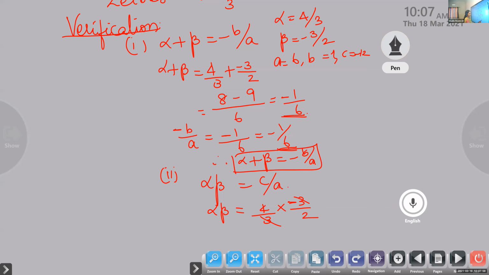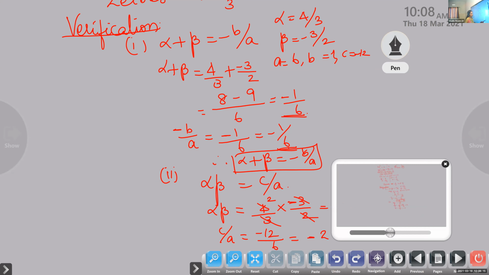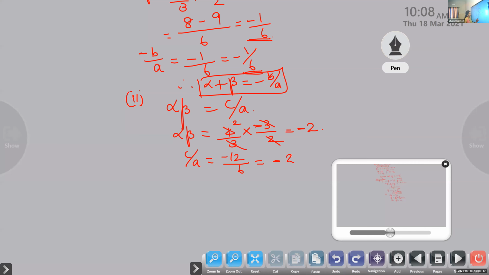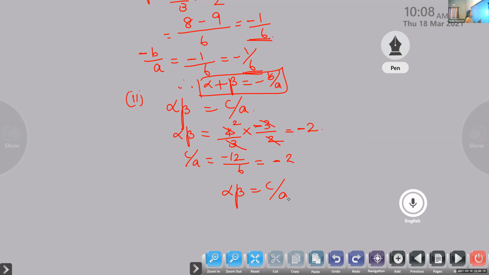The 3 will get cancelled, so it is minus 2. Alpha beta is minus 2. Find out what is C by A. Negative 12 by 6, which is minus 2. Both are the same. So alpha beta is equal to C by A. Hence we have verified the relationship.